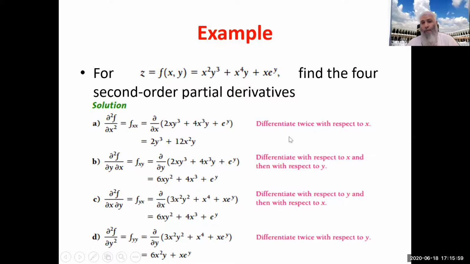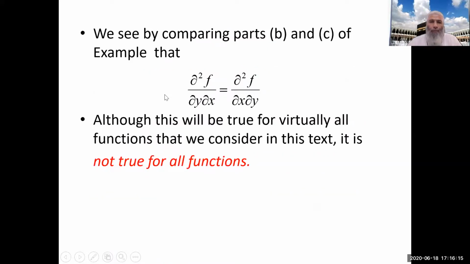Okay. Differentiate twice with respect to x, differentiate with respect to x then with respect to y, differentiate with respect to y then with respect to x, differentiate twice with respect to y. So we see, comparing parts B and C of the example, that these are equal, although this will be true for virtually all functions that we consider in this text.